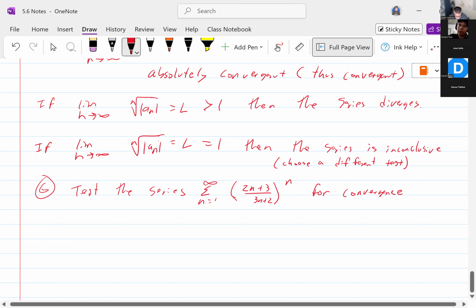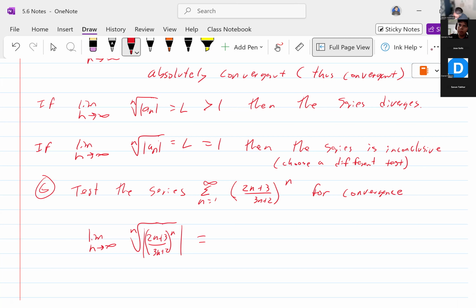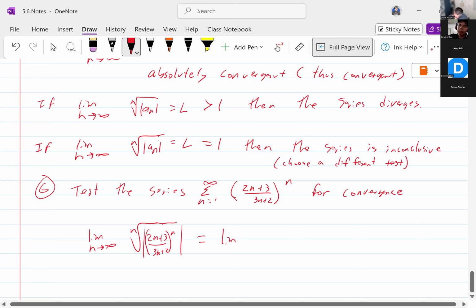So let's take the nth root here. The limit as n goes to infinity of the nth root of the absolute value of (2n plus 3 over 3n plus 2) to the nth power.